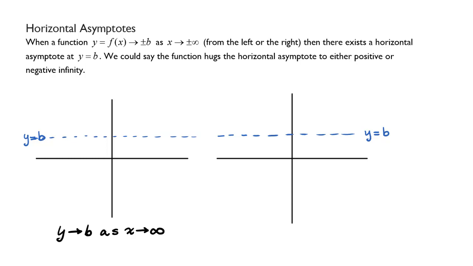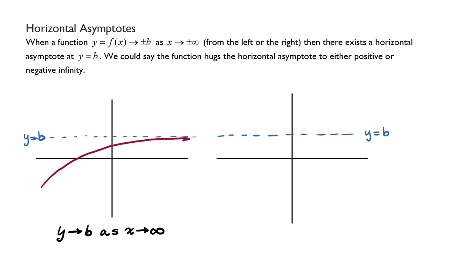And this would look something like this. So x is approaching positive infinity, and the function f of x or y is approaching this horizontal asymptote.